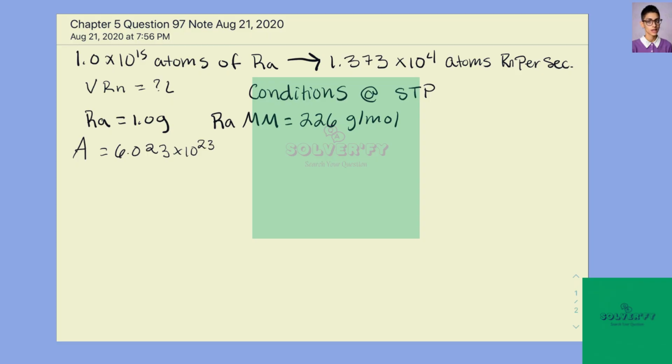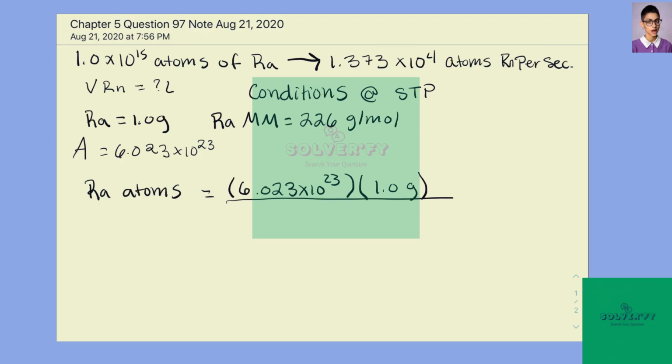Alright, so to first start this question, we need to figure out the atoms that we have of radium. So, Ra atoms. To do this, we're going to take Avogadro's number, and we're going to times that by our amount of radium that we do have, so 1.0 grams.